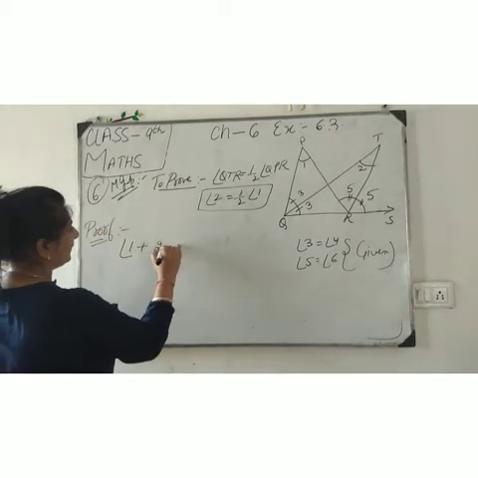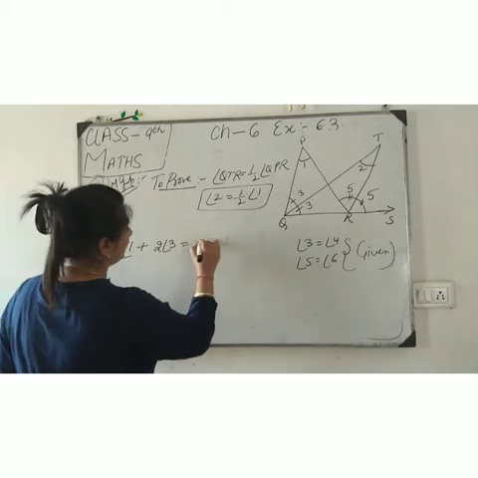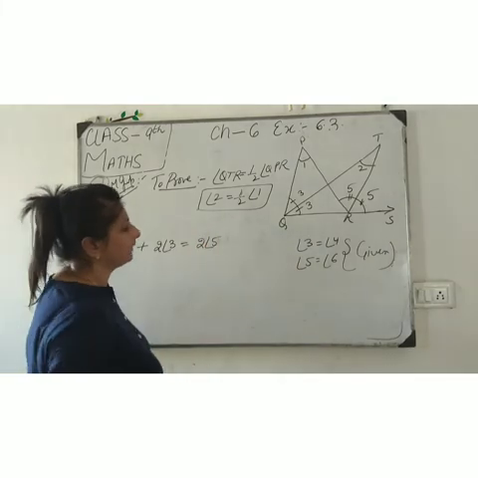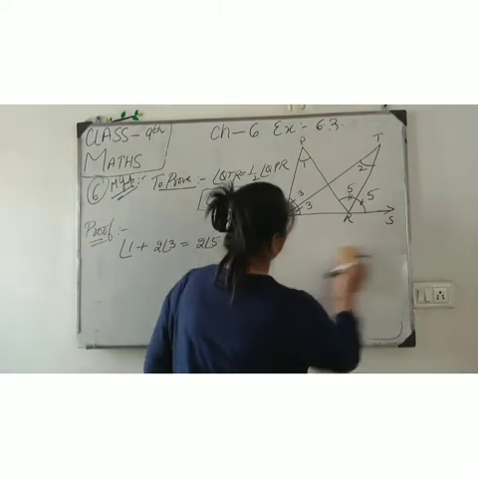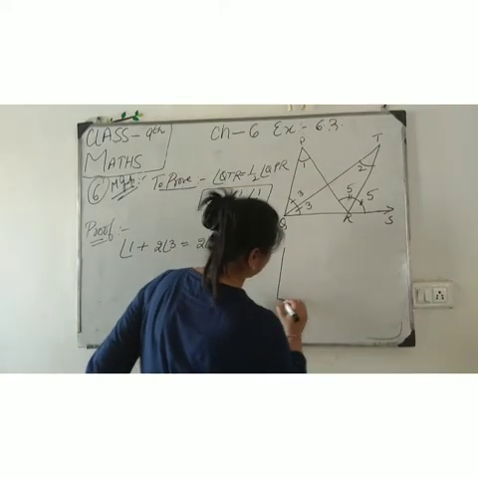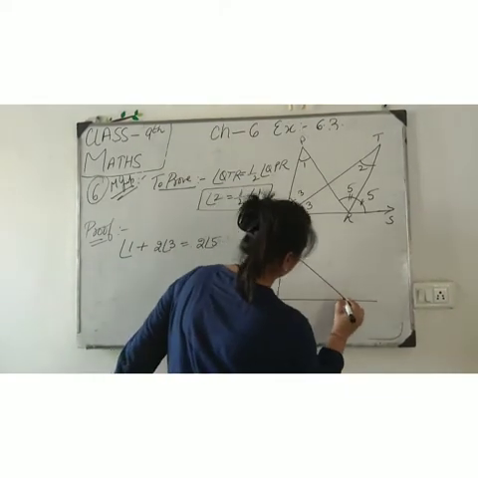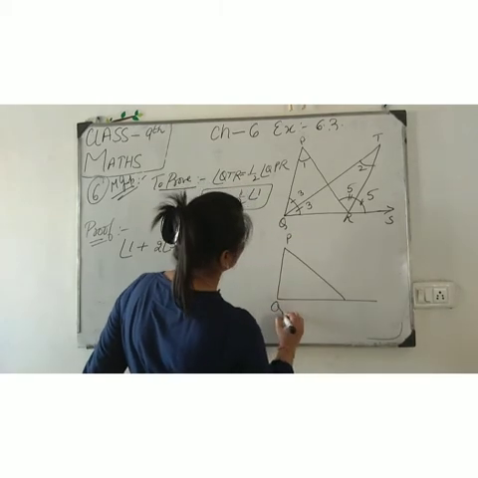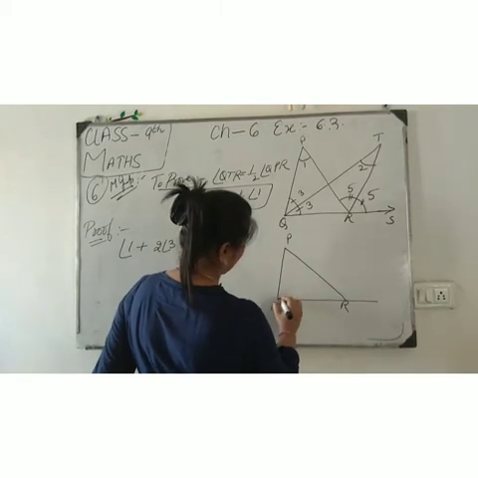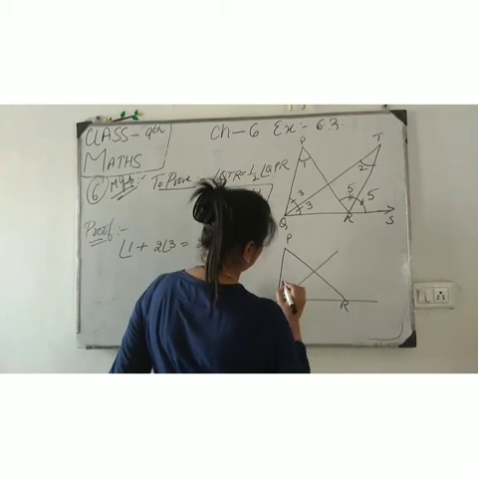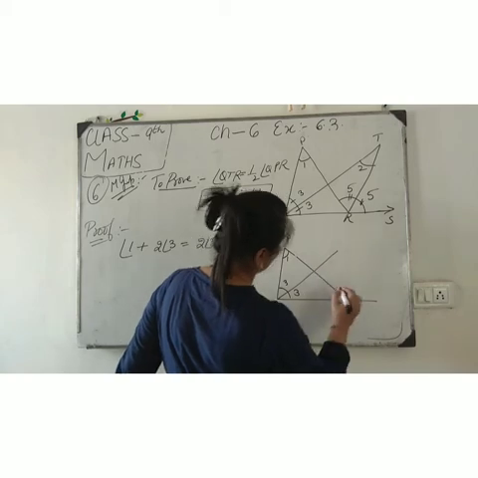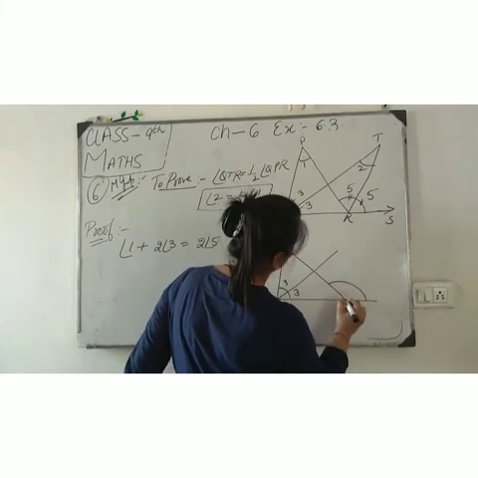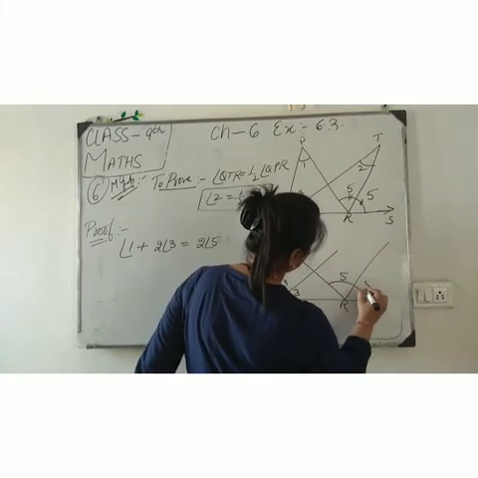Angle 1 plus 2 angle 3 equal to 2 angle 5. First, I draw a figure on a separate side. Now, maybe you all will easily understand. Suppose I draw this figure P, Q, R, and here is one line, angle 3, angle 3, and this one exterior angle 5, 5.